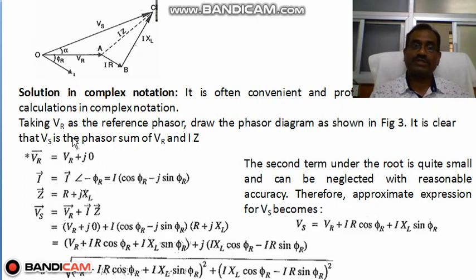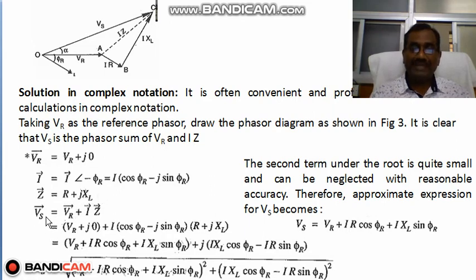It's a complex notation. Therefore, I is equal to I at an angle of minus phi r, because current lags VR by an angle phi r. Therefore, we can write vector I is equal to I into cos phi r minus j sin phi r. Now, the impedance of the line Z is given by R plus jXL.